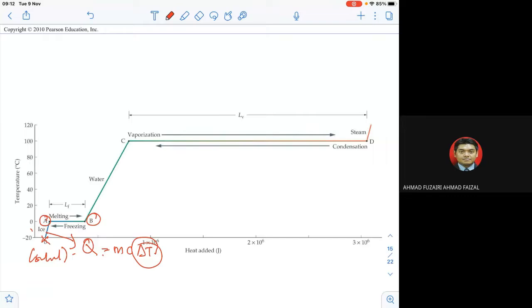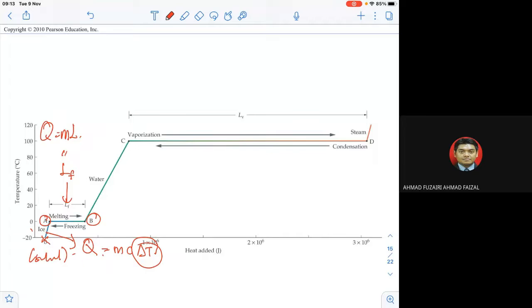This is where we use latent heat of fusion. This is where we add heat to the system in order to change the phase from solid to liquid. That's why we use LF, latent heat of fusion, and here we use Q = mL.